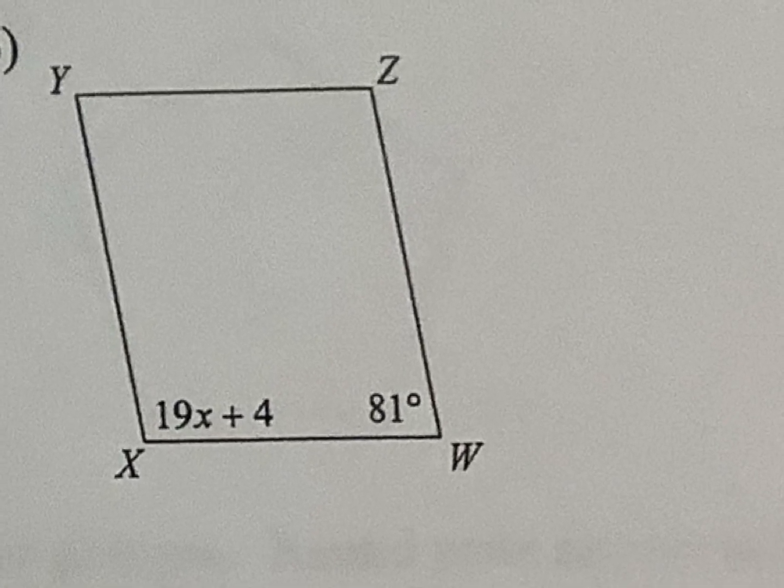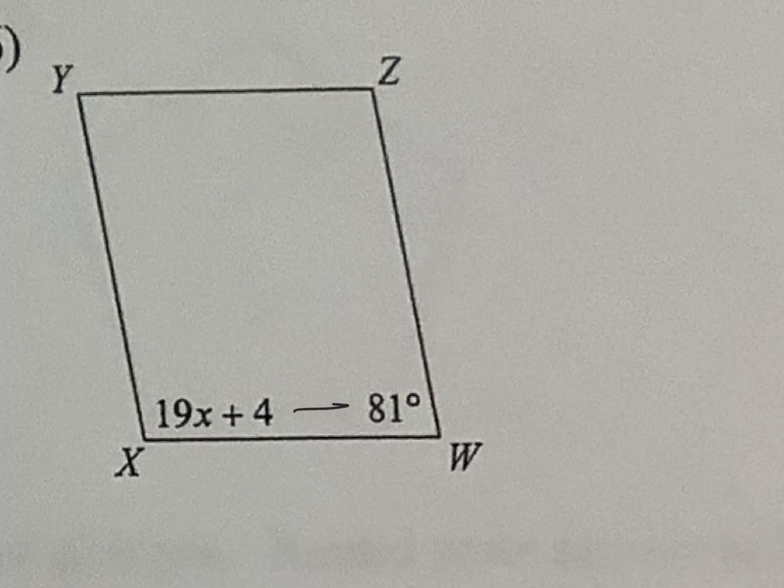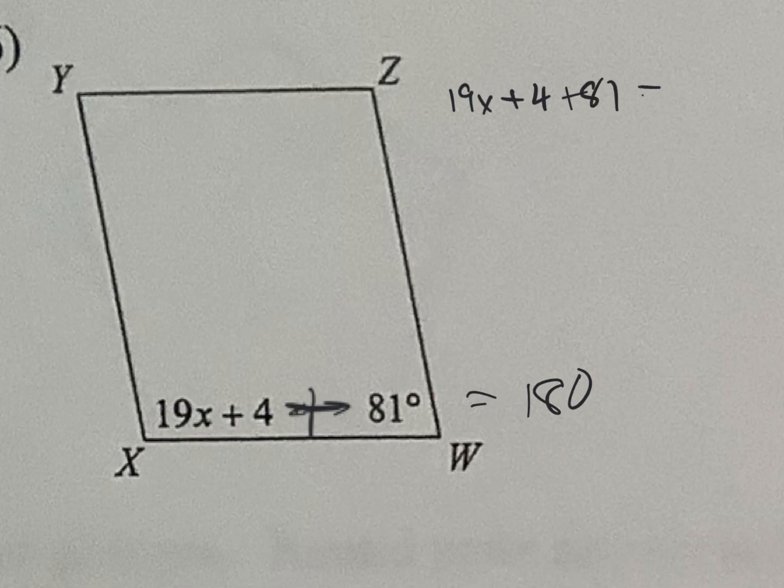46, again, consecutive interior angles. So you add the two together and set them equal to 180. So 19x plus 4 plus 81 equals 180. 19x plus 85 equals 180.